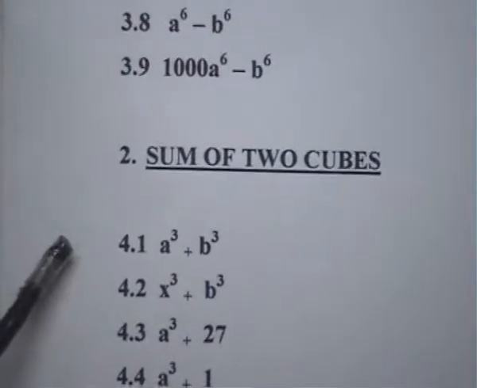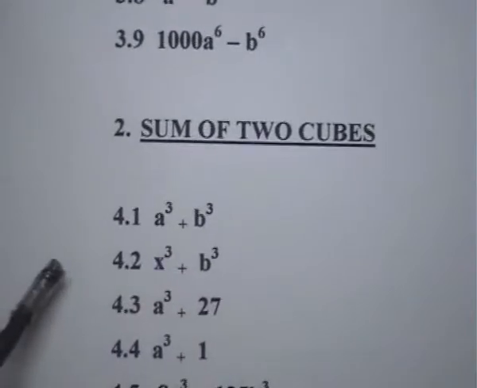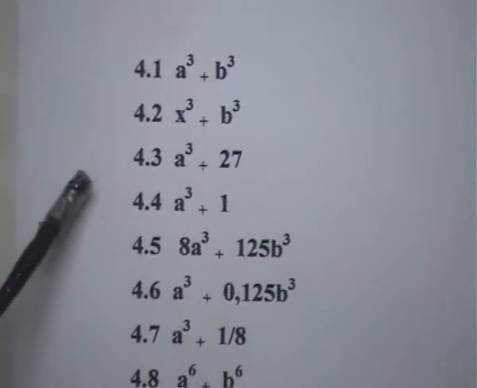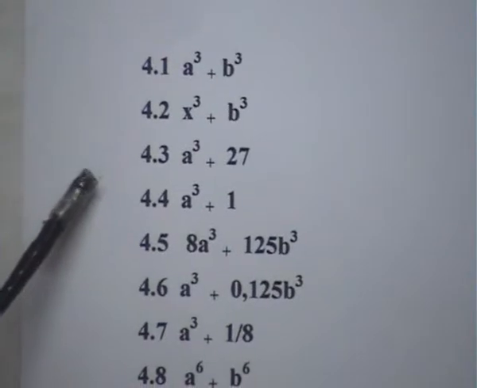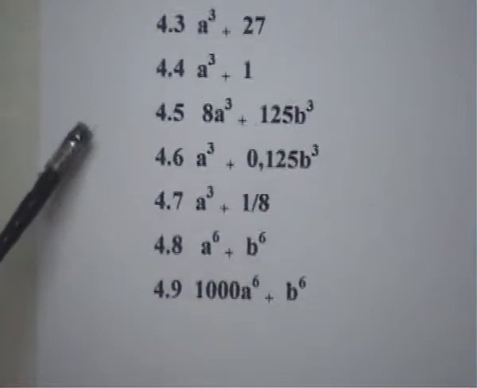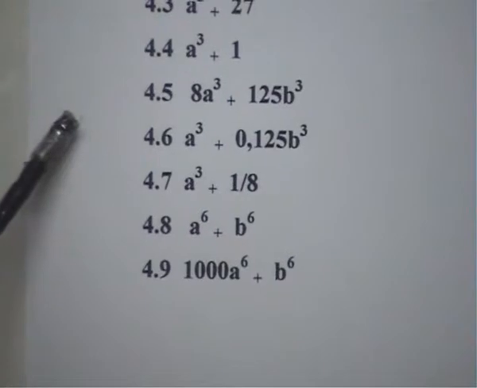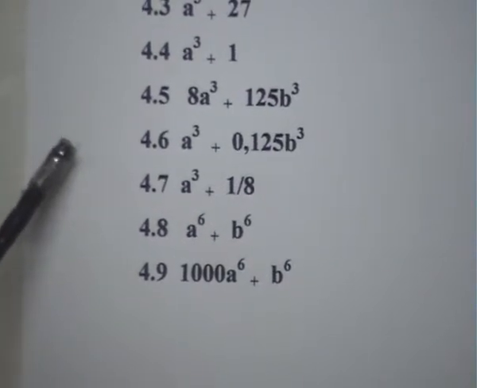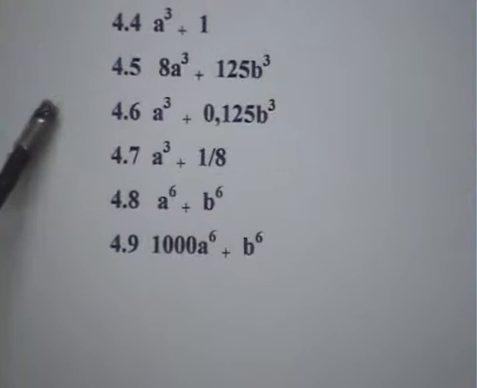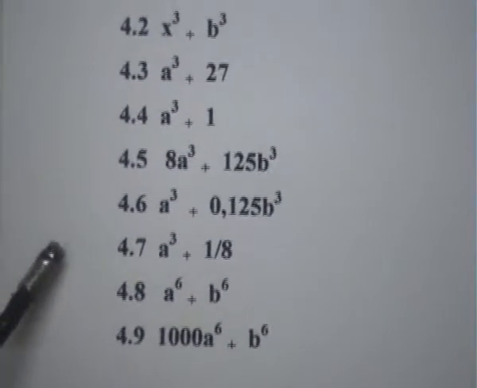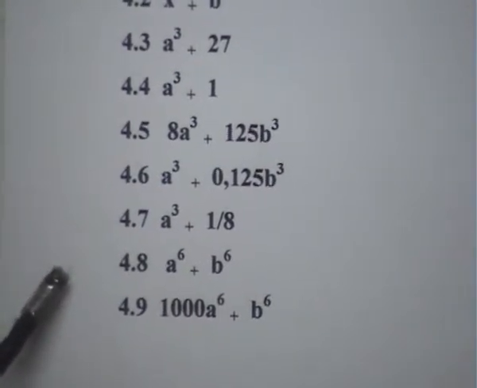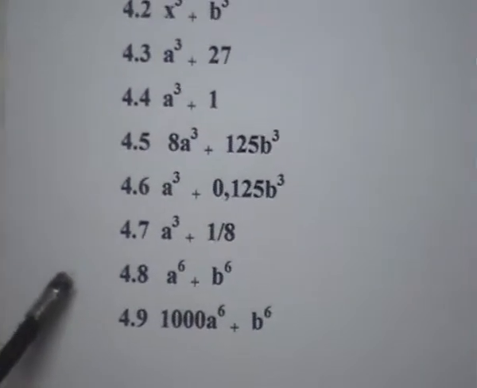4.1 a cubed plus b cubed. 4.2 x cubed plus b cubed. 4.3 a cubed plus 27. 4.4 a cubed plus 1. 4.5 8a cubed plus 125b cubed. 4.6 a cubed plus 0,125b cubed. 4.7 a cubed plus 1 over 8. 4.8 a to the 6 plus b to the 6.